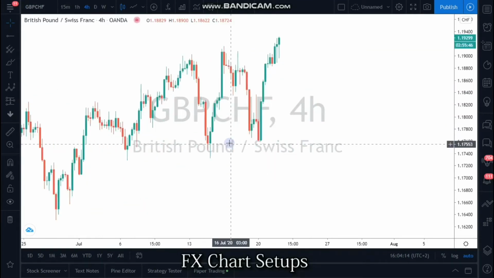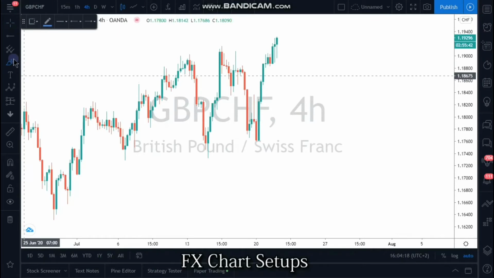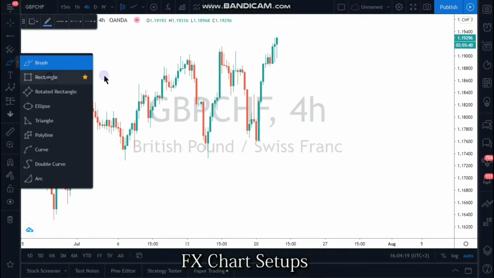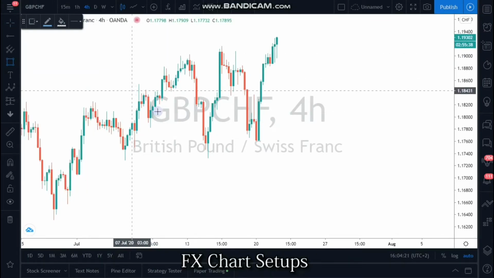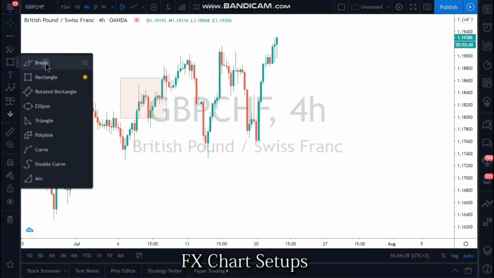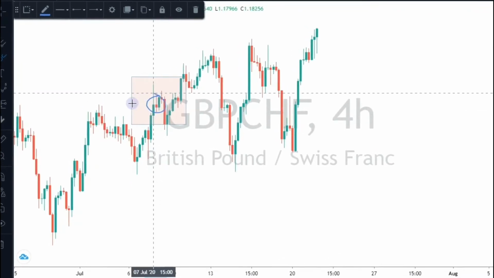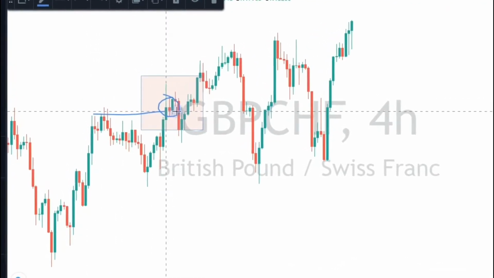So on the 4-hour chart, we were still around this area here. Let me just get this rectangle. And what we observed was this was our first close above this previous resistance here.